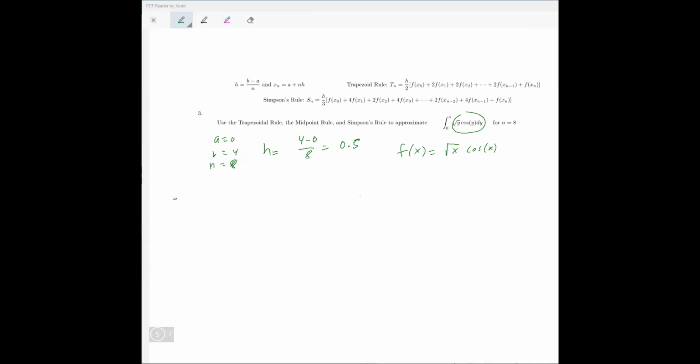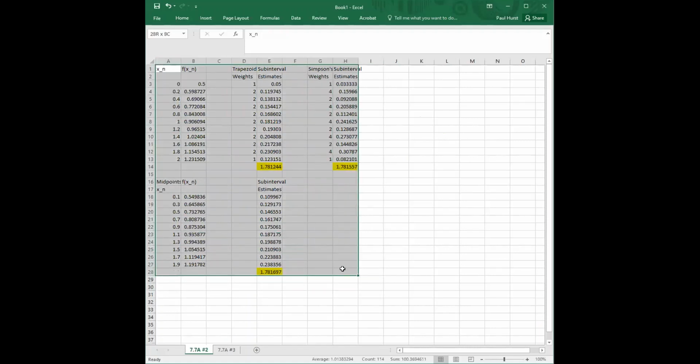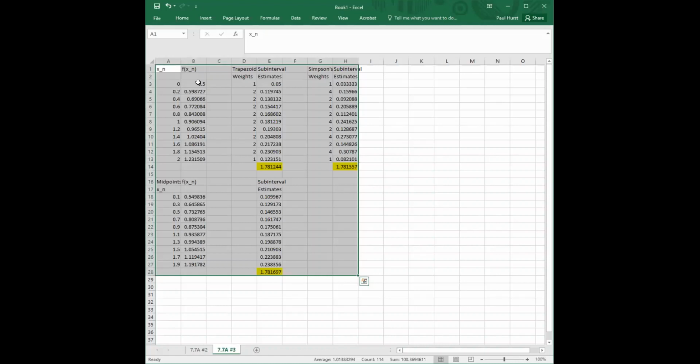Let me show you really quickly how to do it in Excel. Maybe I can just copy the whole thing and then adjust.